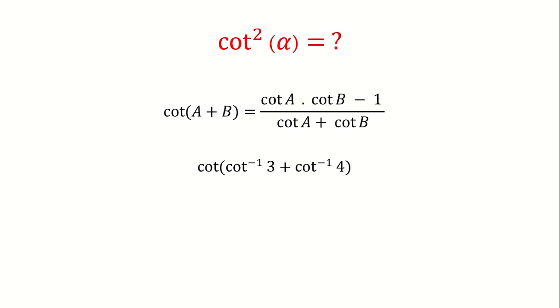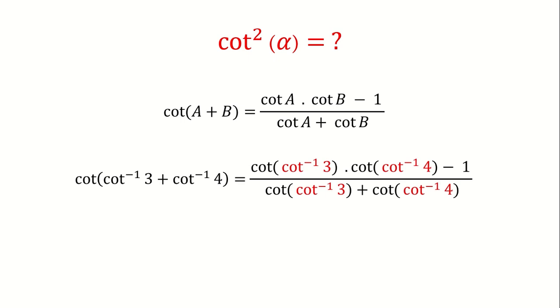So cotangent of inverse cotangent of 3 plus inverse cotangent of 4 is equal to cotangent of inverse cotangent of 3 dot cotangent of inverse cotangent of 4 minus 1, over cotangent of inverse cotangent of 3 plus cotangent of inverse cotangent of 4. The cotangent and inverse cotangent cancel each other and leave the inside number as the argument.